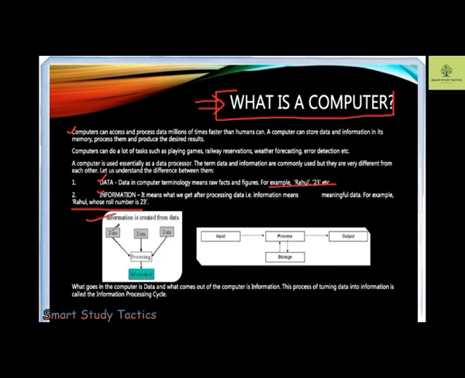So here you can see information is created from different data. Different data are coming from all around, and they are processed in a machine, and you make information. It is like your mother cooking a meal at home, breakfast, lunch or dinner. She brings all the things together, keeps them in the pot, and cooks.